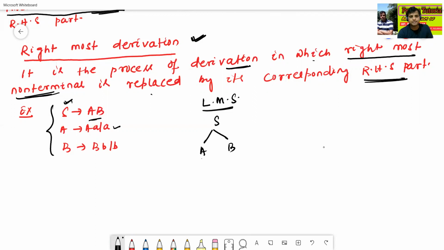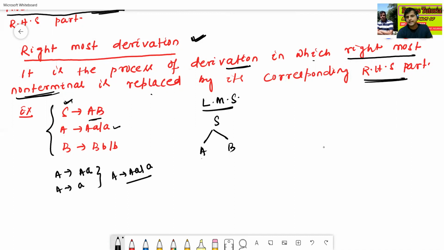The second one contains two productions: A to aA or A to a. So there are two productions, A to aA or A to a.